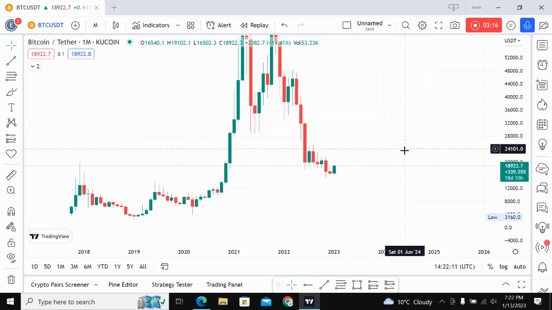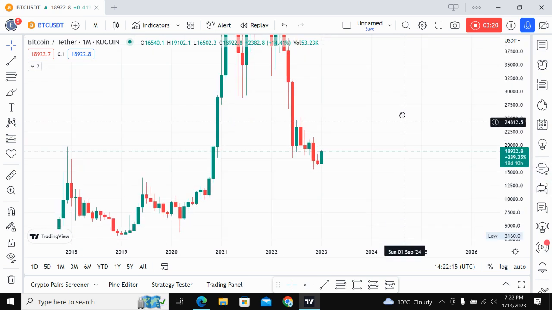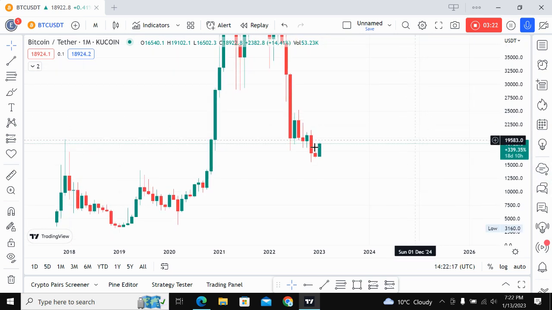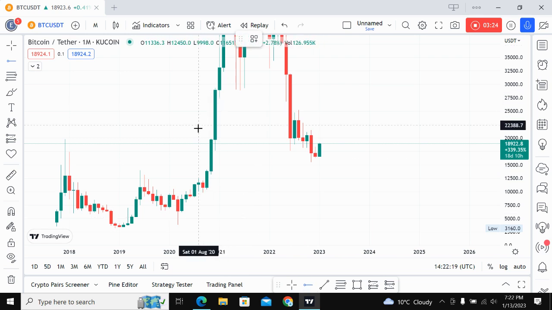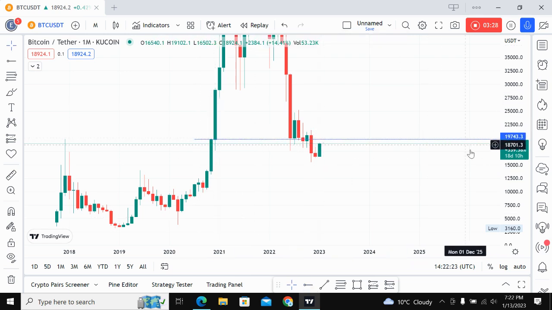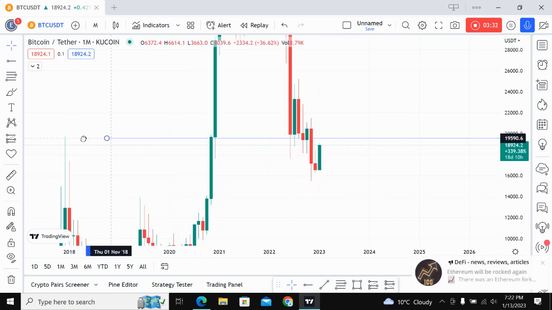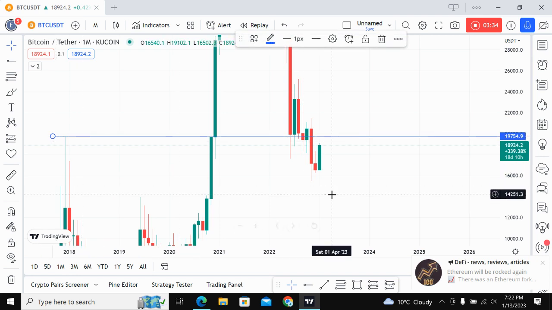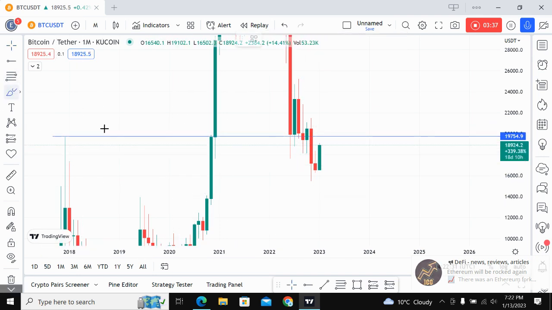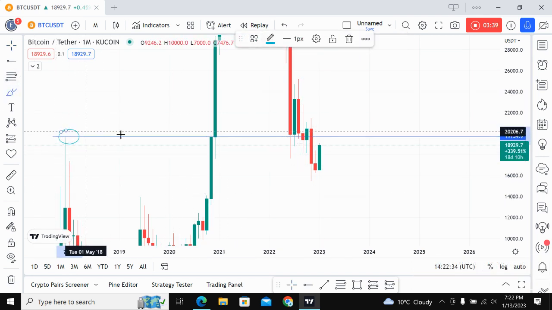Okay, so as we can see, the resistance which Bitcoin is going to face in the high time frame, I'm going to mark these points. Okay, so you can see this area, it touched once here, twice, second time here, third, fourth, fifth, sixth.